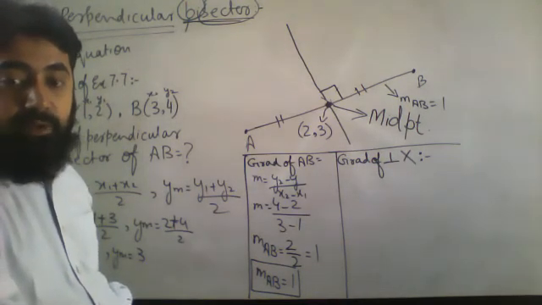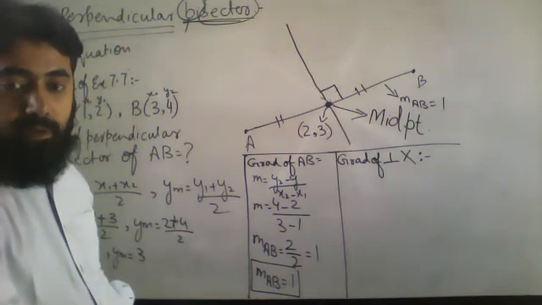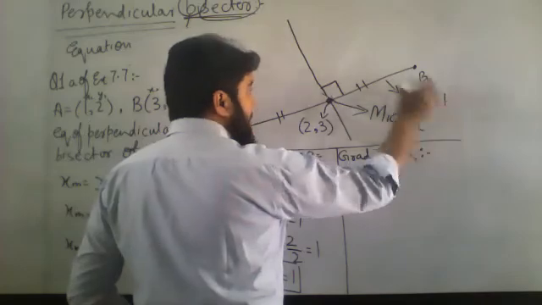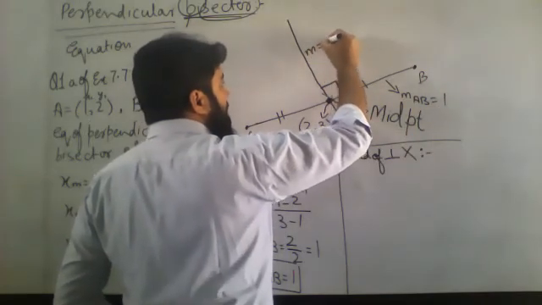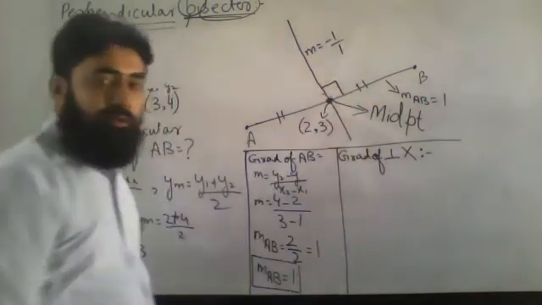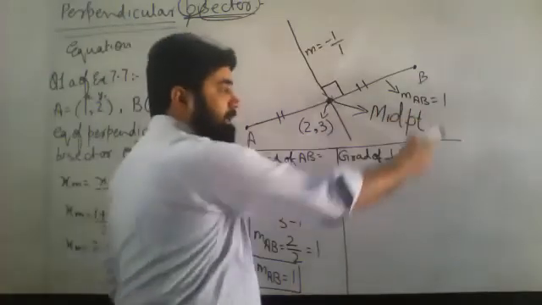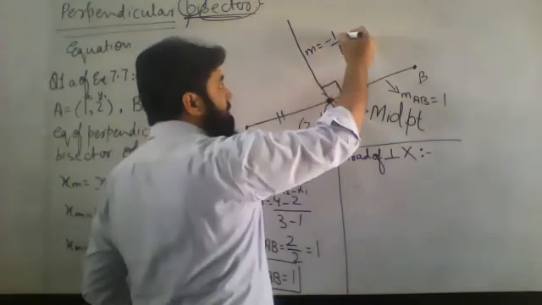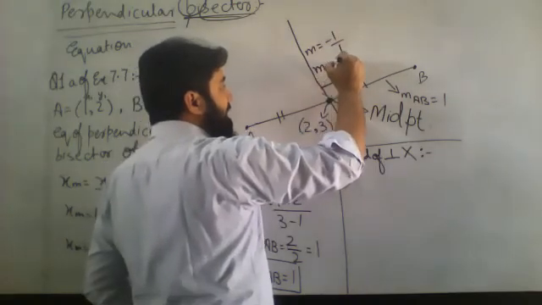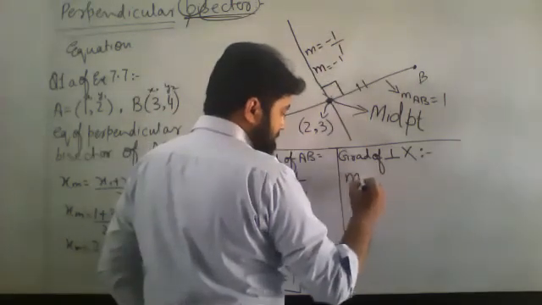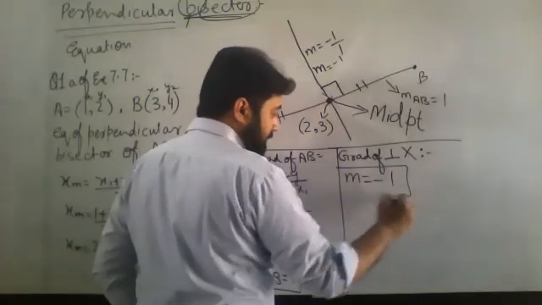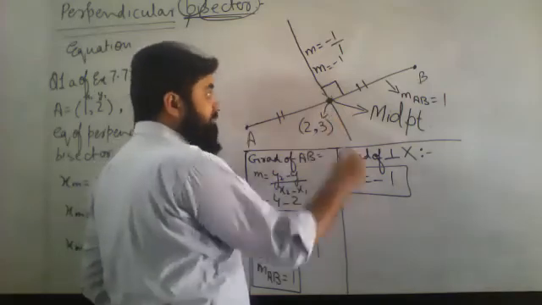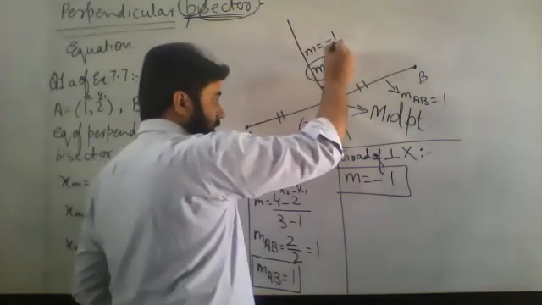The reciprocal of 1 will be 1 over 1 and negative will be minus 1. So in simple form, the gradient of this one is minus 1.